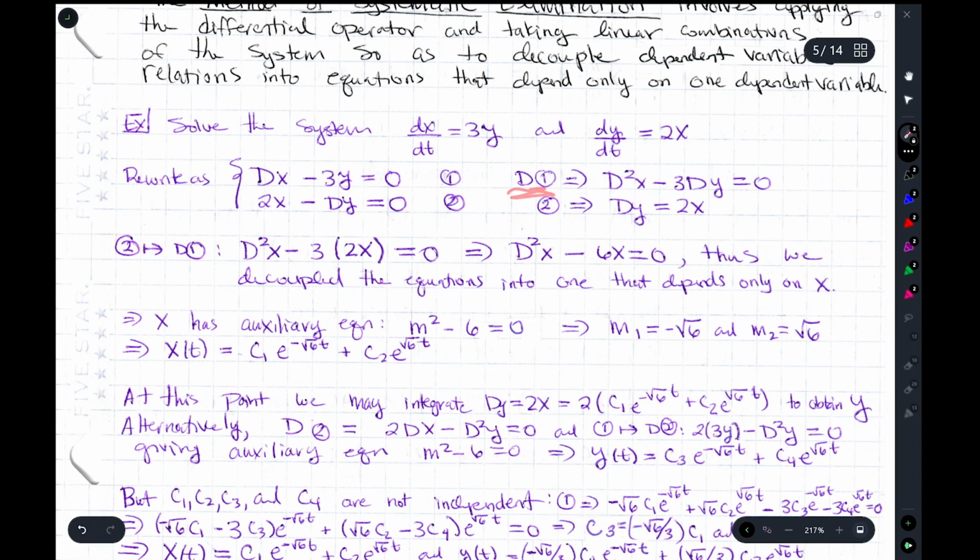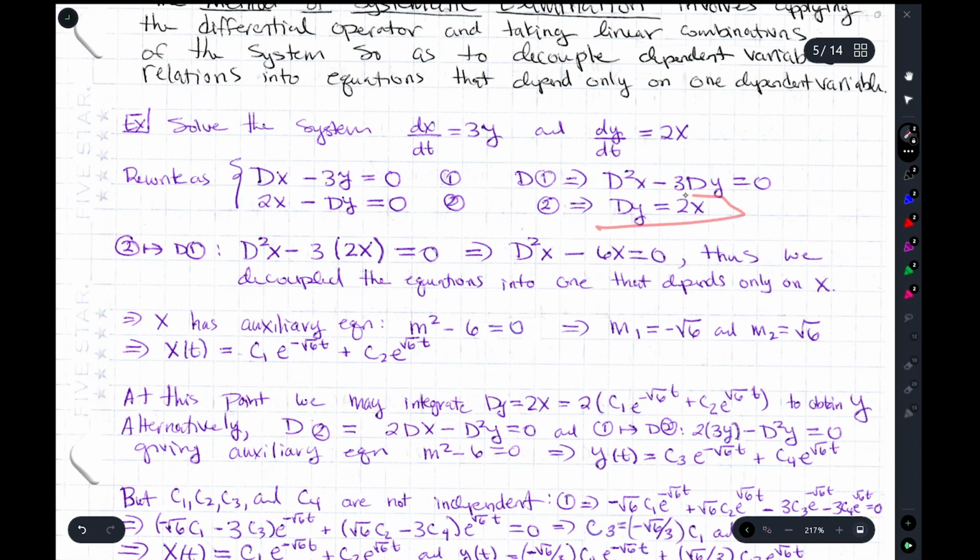So we're going to take equation 1 and operate with the operator D, the differential operator. And when you operate with D, you get this. But now wait a second. We have ourselves a Dy right there. So why don't we solve for Dy in equation 2 and plug it into this equation up here that we got from operating with D on 1.